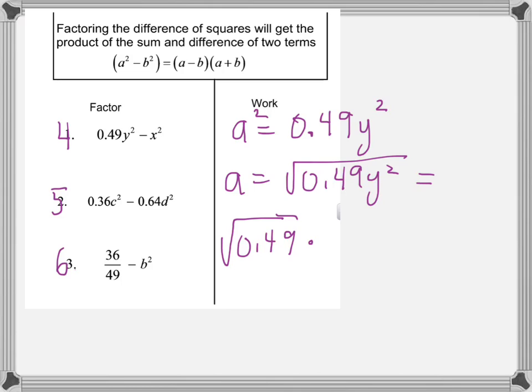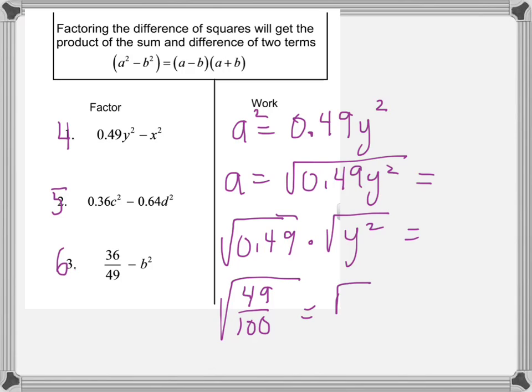The square root can be distributed into a product the same way an exponent can be distributed into a product. So 0.49 is 49 hundredths. If we're taking the square root of 49 hundredths, you want to think of that as the square root of 49 over the square root of 100, because like exponents, I can distribute a square root into the numerator and denominator of a fraction.